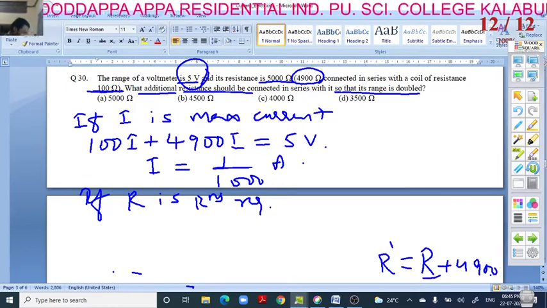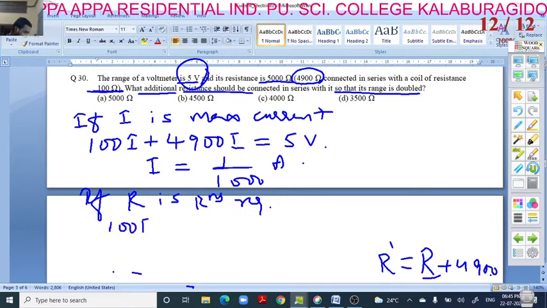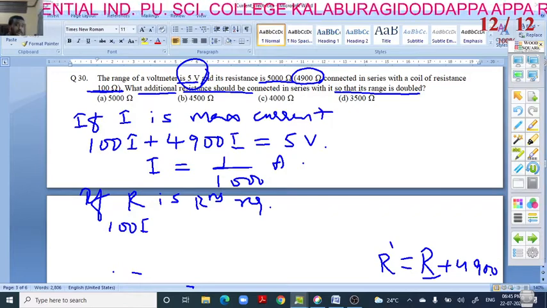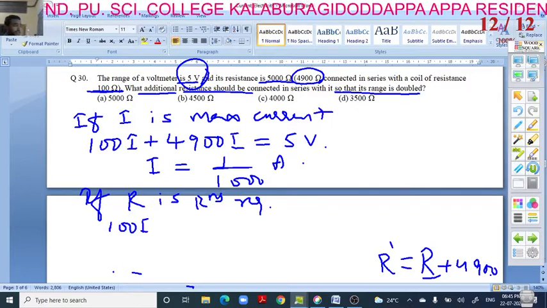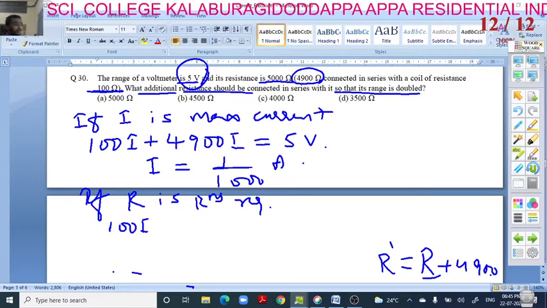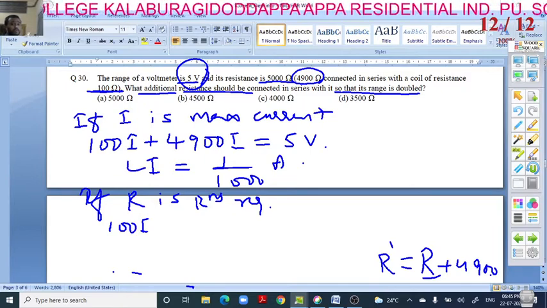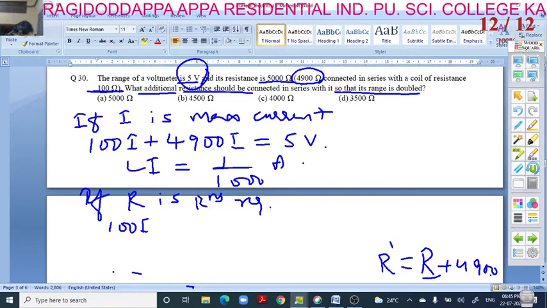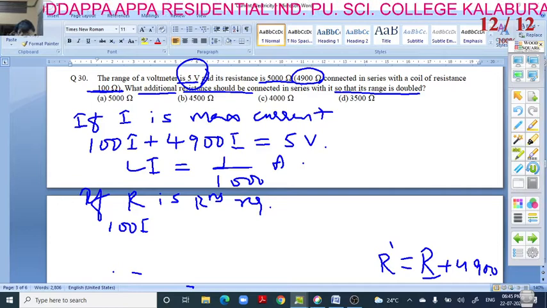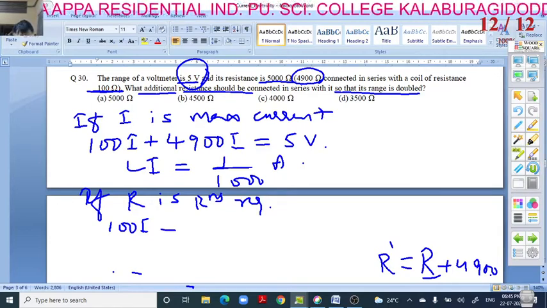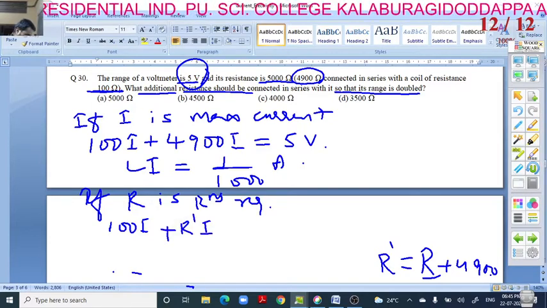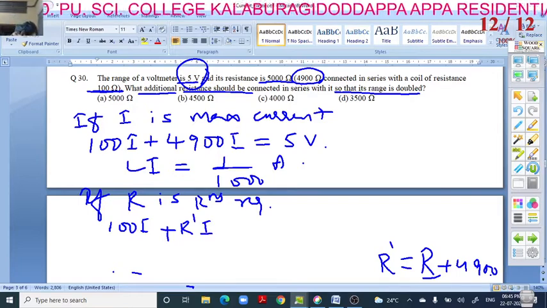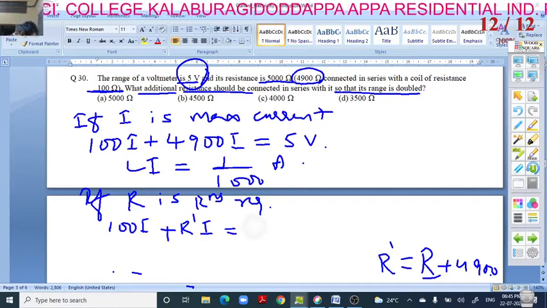Okay. So here I am writing with that coil 100 I. 100 is the resistance of that coil. In that coil, this I is the maximum current that can flow through that 100 ohm resistance coil, right? So if R is the required resistance, then 100 I plus R dash I, I hope you are understanding this, R dash I is equal to 10.